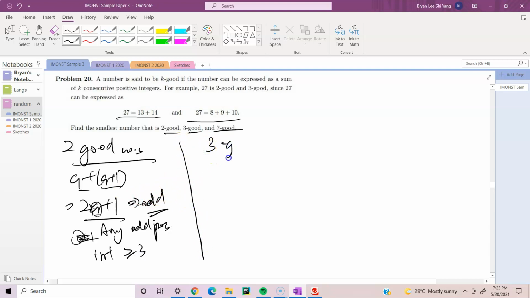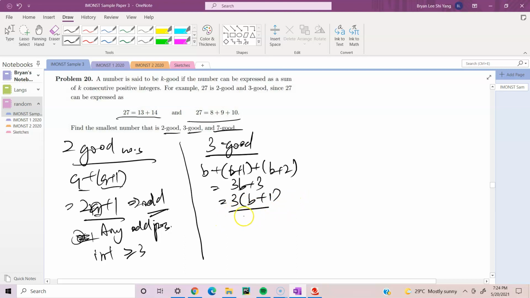Now let's look at 3 good numbers. 3 good numbers can be expressed in the form of b plus 1 plus b plus 2 plus b plus 3, right? So this would be something like 3b plus 6, which if we take the 3 out, we will get 3 times b plus 2. So this obviously is a multiple of 3.